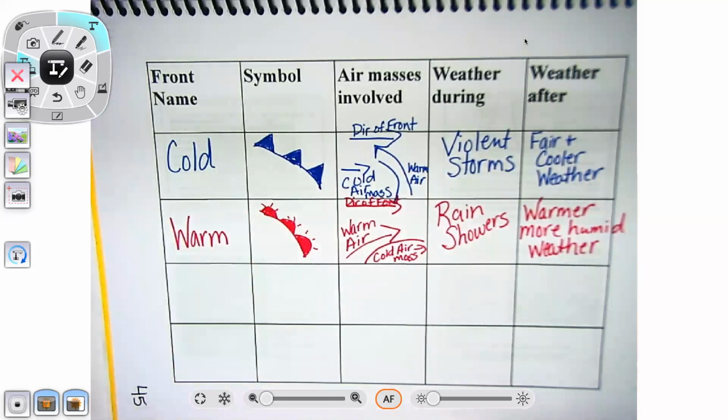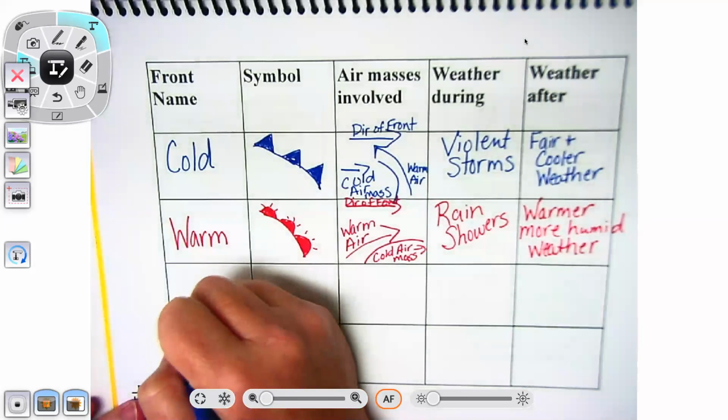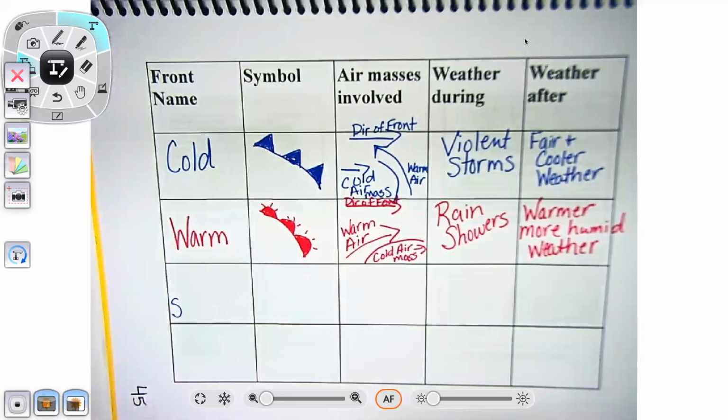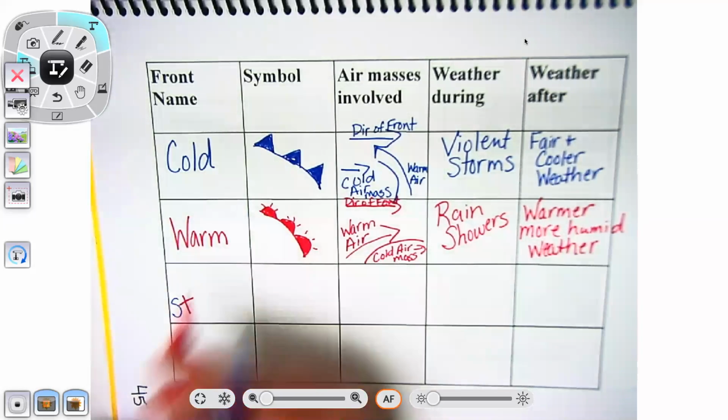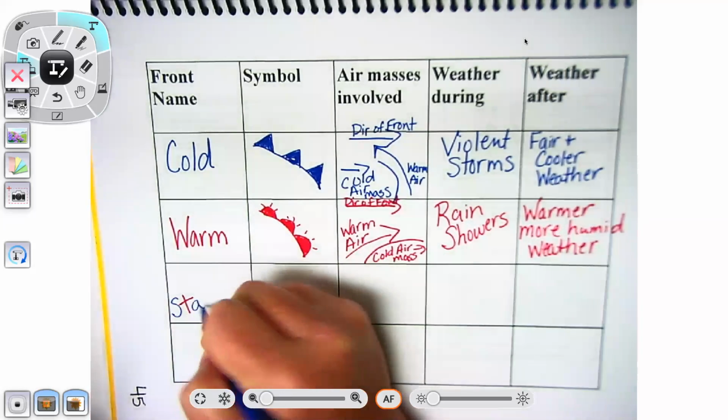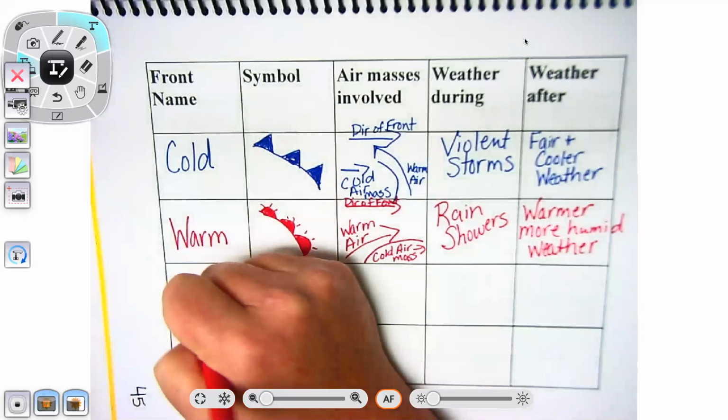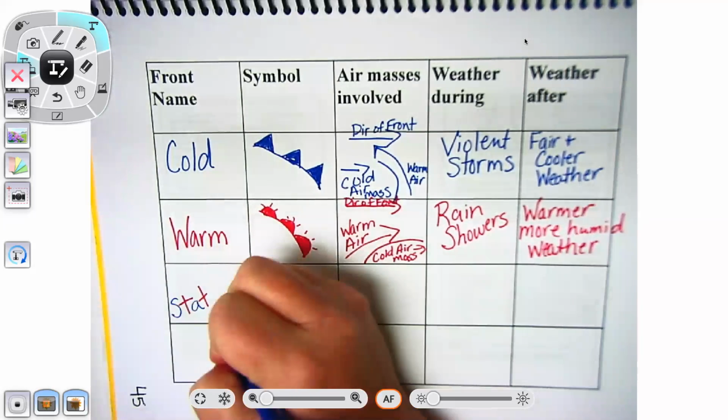Now, the next front I'm going to talk to you about is a stationary front. It's kind of cool too. So we are going to write stationary like this. You'll see why I'm writing it like this in just a minute.